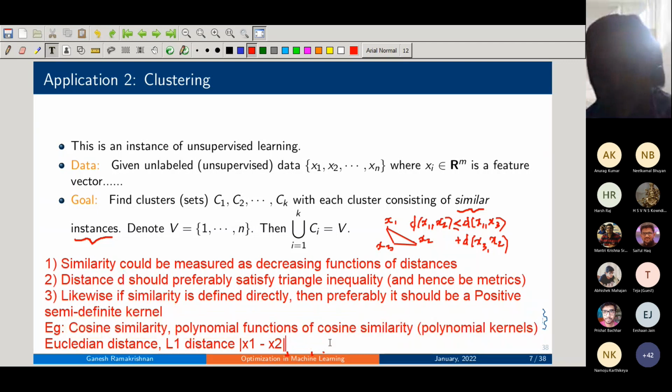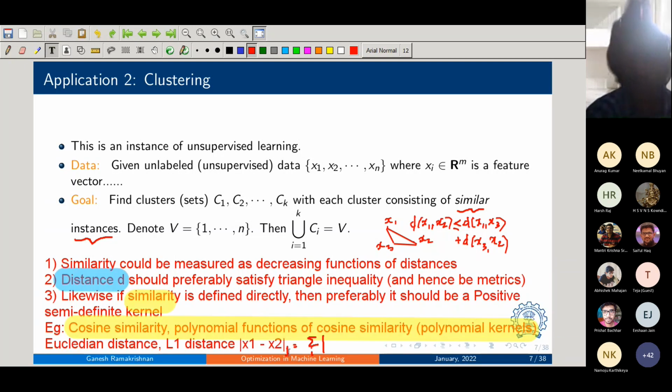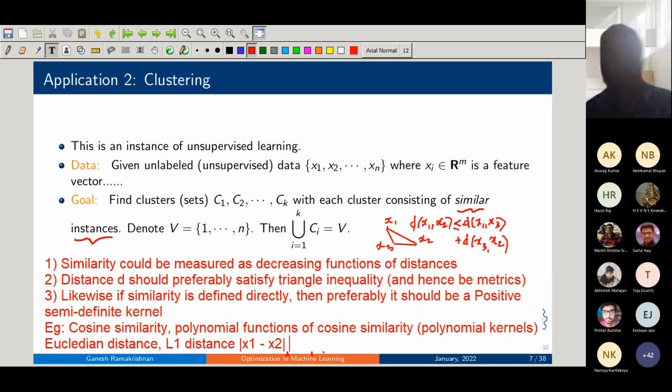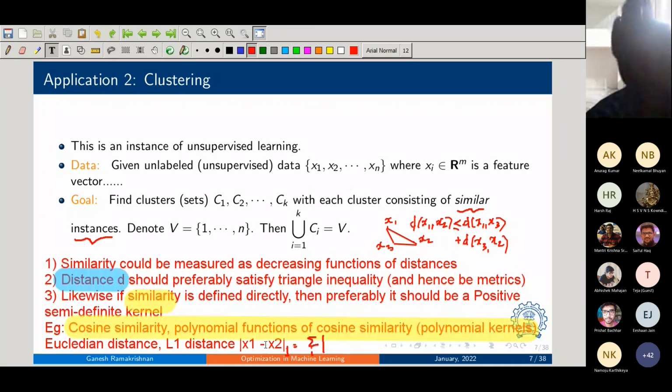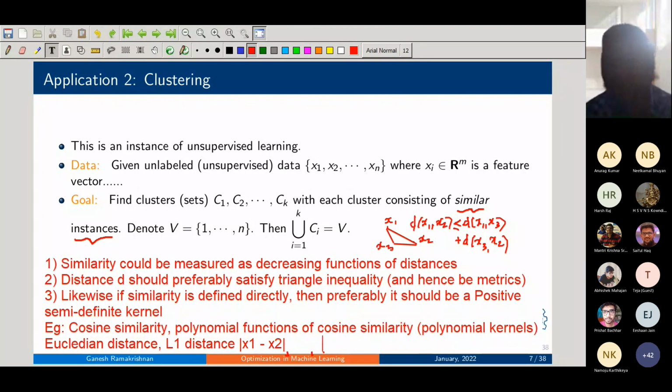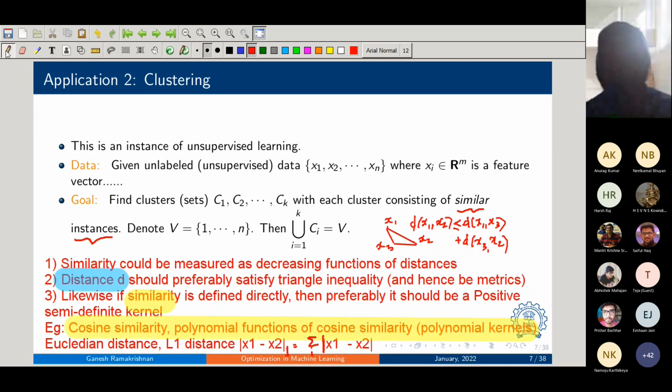Let me write it in the same font. I went wrong. So you'll take the ith component of each of these, X1 and X2.